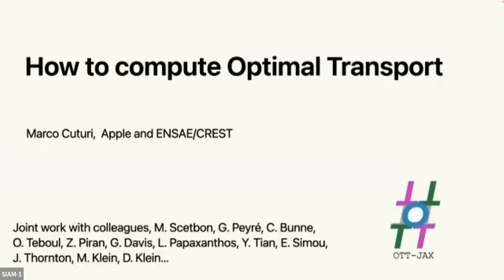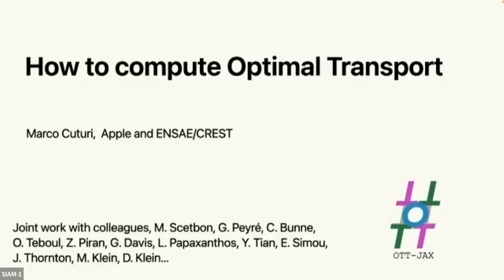So let me just also say this is joint work with a lot of folks. It's quite exciting because many of those people come from different backgrounds. Among those colleagues, I have people that come from math, CS, optimization. Other people come from more biology because we have a few nice applications to biology going on. And so we are also developing toolboxes to help you experiment with optimal transport.